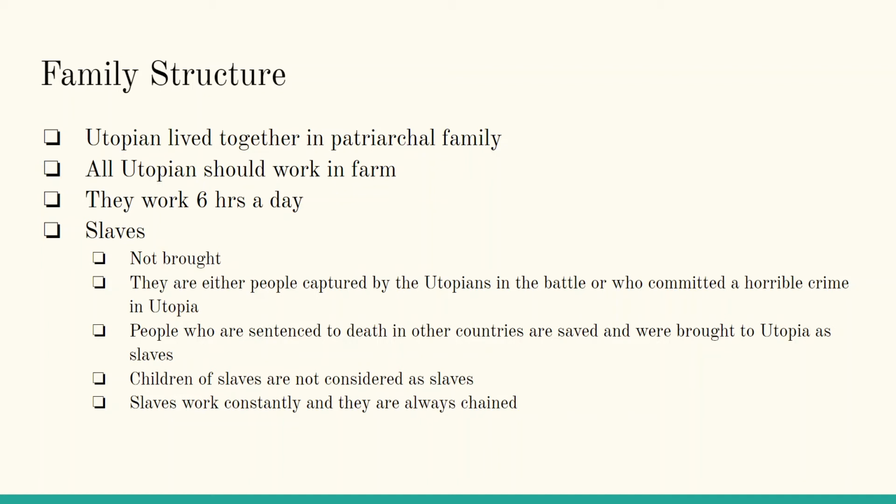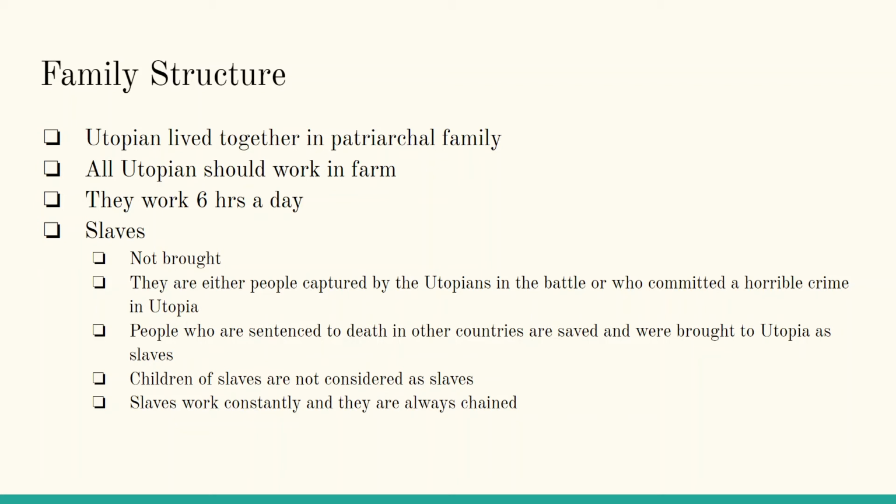So what about the slaves? Slaves were not bought, which is what was happening in England. In England slaves were bought, but here slaves were not bought. Then how? They were either people captured by the Utopians in battle, or those who committed a horrible crime in Utopia.